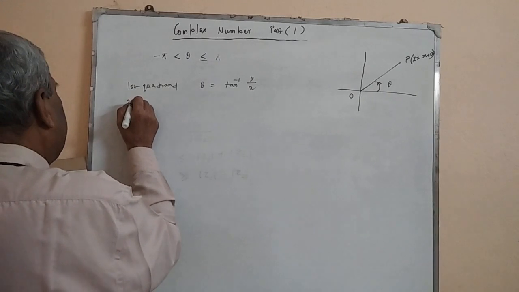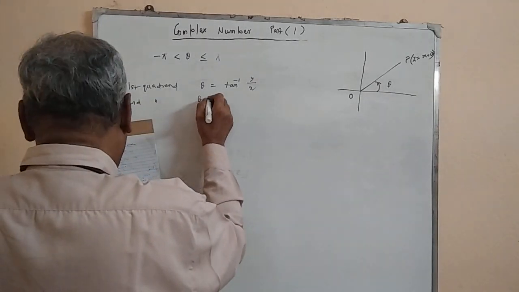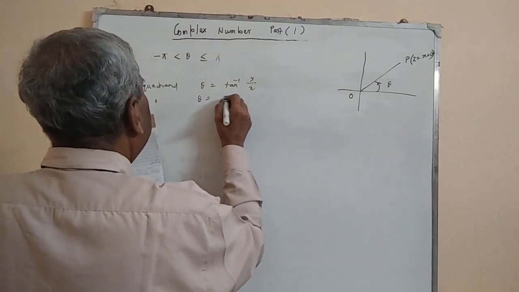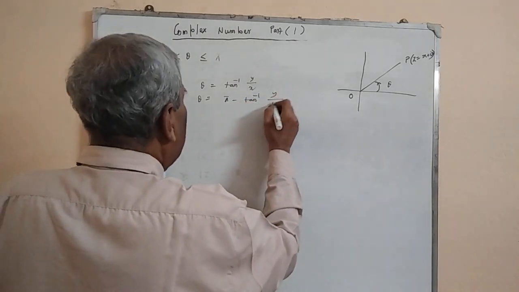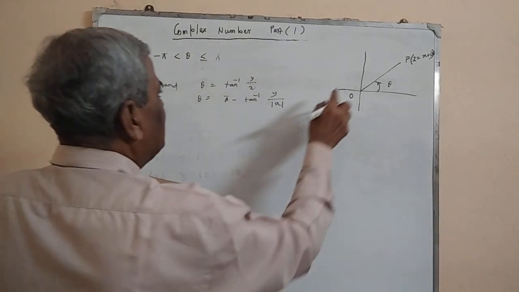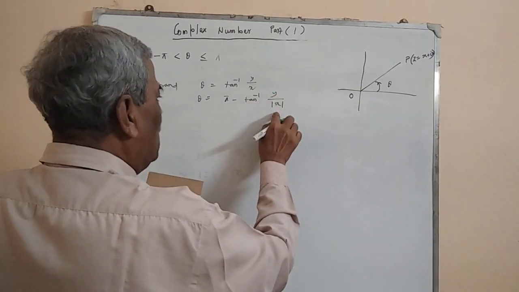If Z lies in the second quadrant, then theta will be equal to pi minus tan inverse y by mod x. In the second quadrant, x is negative, so tan inverse y by mod x.